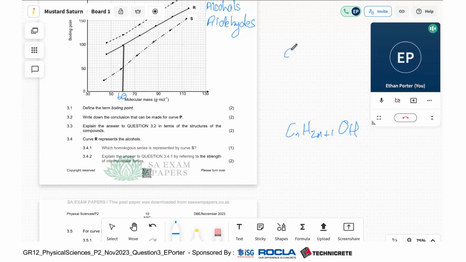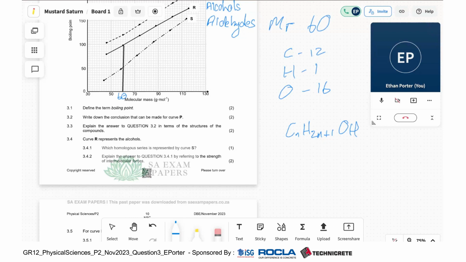Must remember carbon has a molecular mass of around 12. Hydrogen, for simplicity, we'll just keep it at 1. It's not exactly 1. Same for oxygen, we'll just keep it at 16. It's not exactly 16, but this is good enough to get us through this question. And then our total molecular mass for this one is 60.